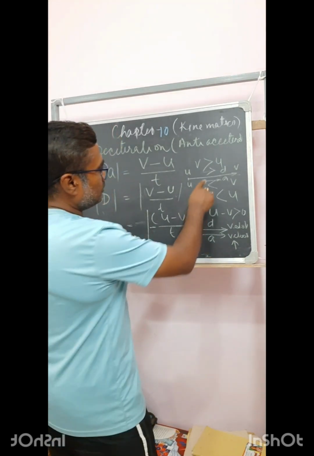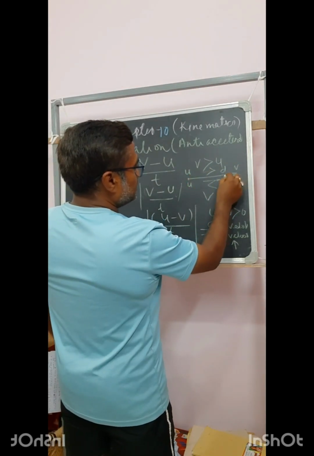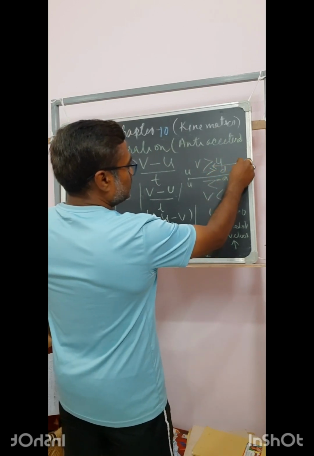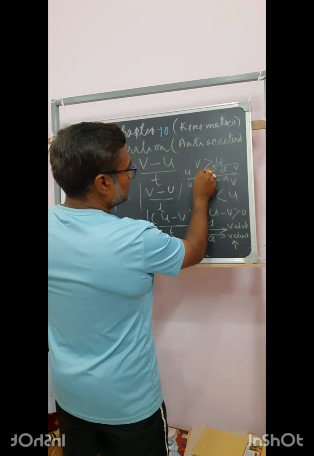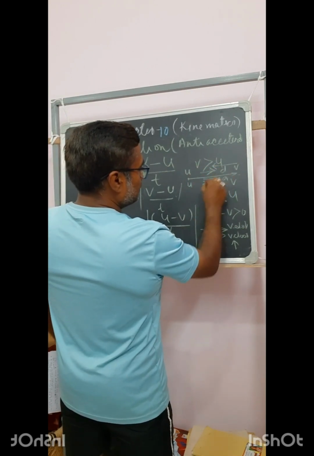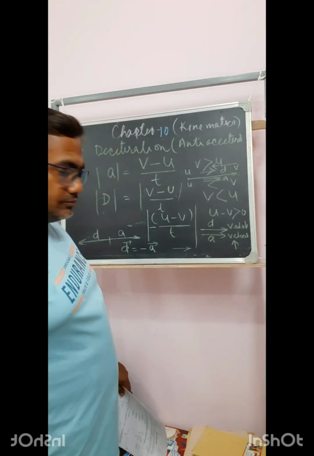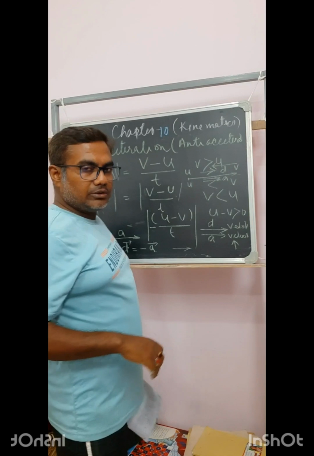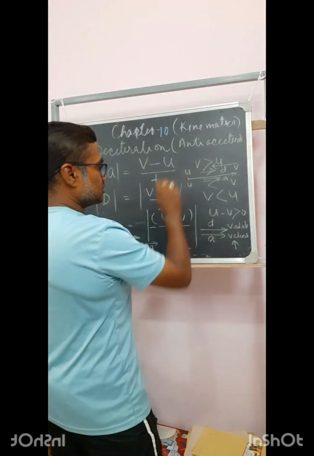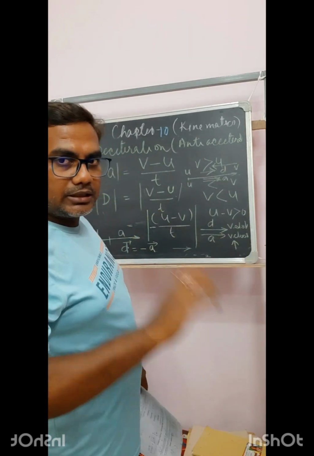Now, if deceleration is happening, the velocity is increasing which way? This way. So when velocity is increasing this way, the deceleration is happening this way, and if velocity is going in the same direction, then we get acceleration. So it is helpful when we solve numerical problems.